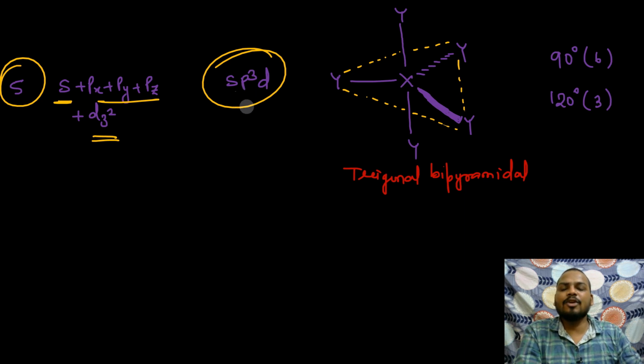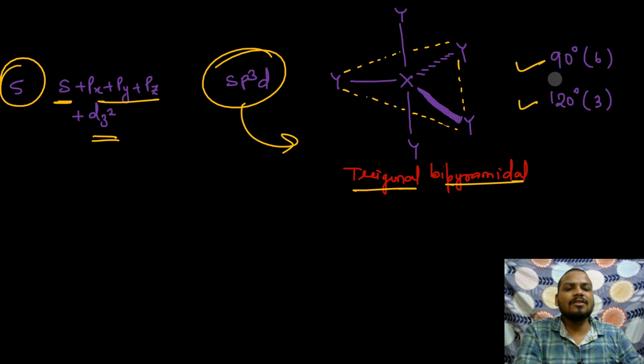The geometry related to sp3d is trigonal bipyramidal, which has two types of bond angle, one is 90 degree and another is 120. The number of 90 degree bond angles is 6 and the number of 120 degree bond angles is 3.